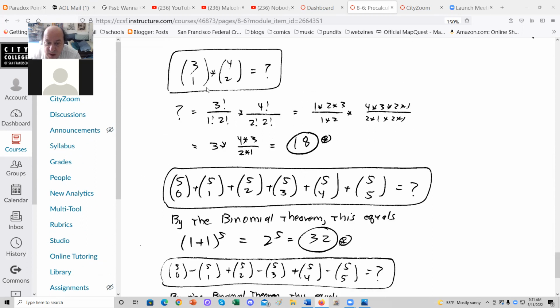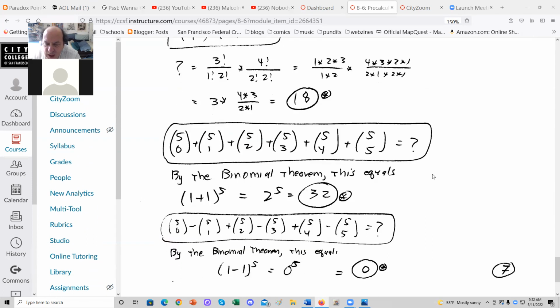We went through this. Here's an example. 5 choose 0 plus 5 choose 1 plus 5 choose 2 plus 5 choose 3 plus 5 choose 4 plus 5 choose 5. What does that equal? It's the sum of all the binomial coefficients along a row of Pascal's triangle. By the theorem, this is equal to 1 plus 1 to the 5th power, because 5 choose 0 times 1 to the 5th plus 5 choose 1 times 1 to the 4th times 1, 5 choose 2, 1 to the 3rd, 1 squared, and so on.